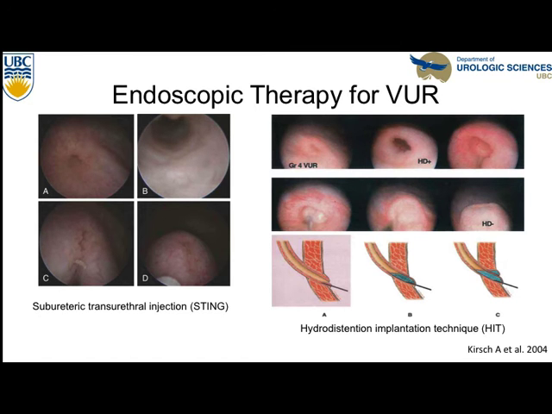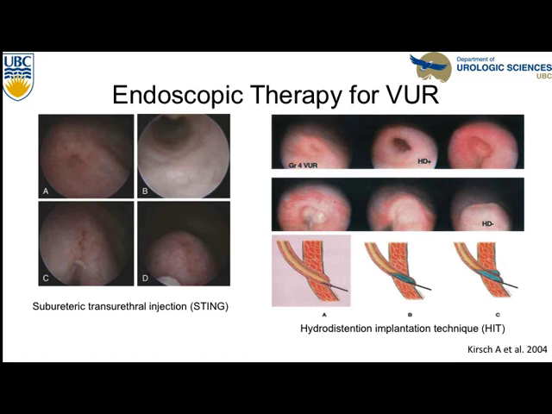Moving on, in terms of Deflux, how it's applied, it started off by using the STING procedure, or subureteric transurethral injection, on the left-hand side. Basically, you go around the 6 o'clock position, just distal to the ureteric orifice, and inject the bulking agent.